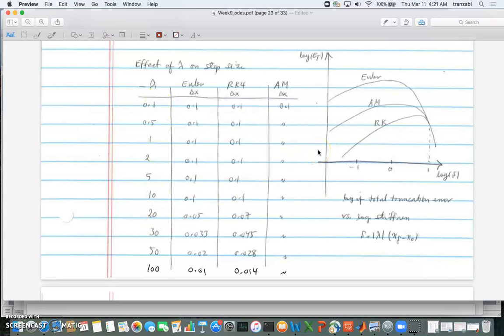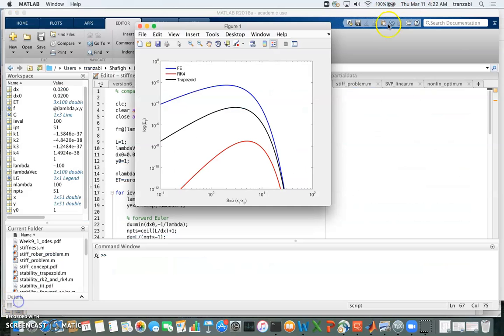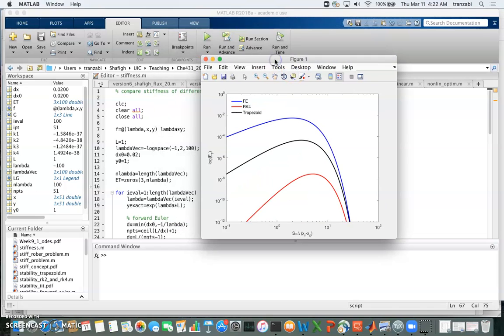In fact, I have a MATLAB script that actually shows this. So let me switch to that one and show you the real output from the MATLAB script. This is the output of the MATLAB script that solves the same toy problem, lambda times y, using the three methods.